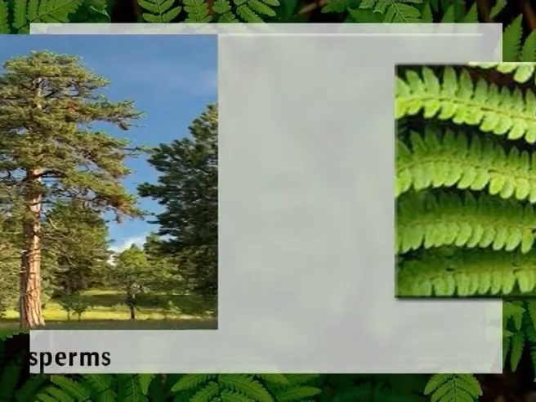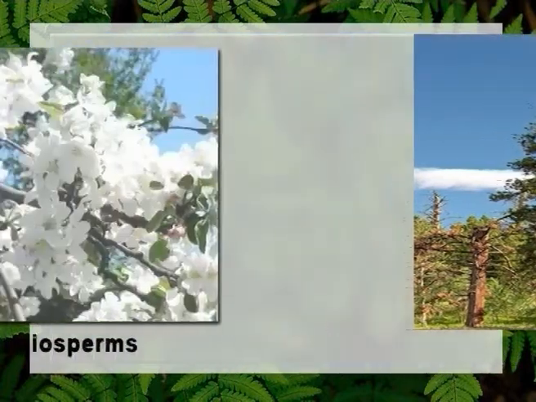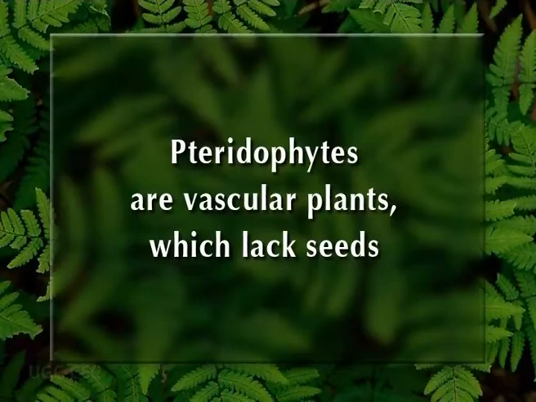Traditionally and more commonly, the three main groups of plants under the vascular plants are Pteridophytes, Gymnosperms, and Angiosperms. Pteridophytes, which is the topic of today's lecture, are the vascular plants which lack seeds.